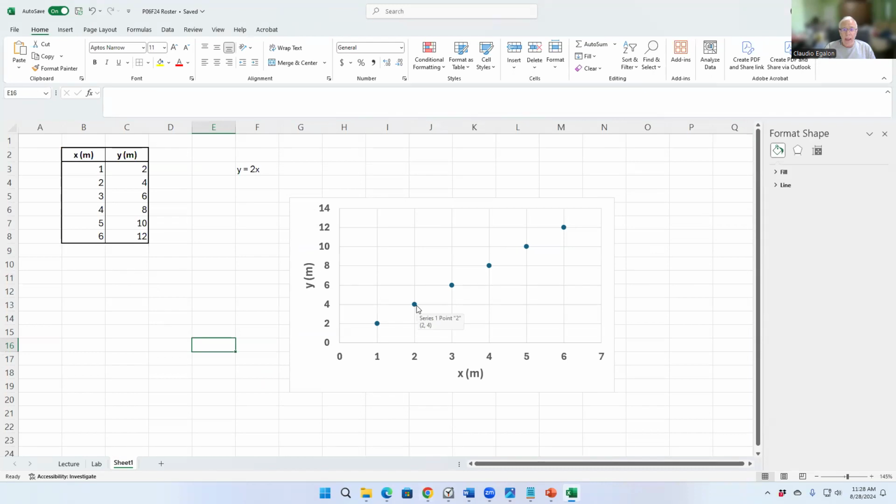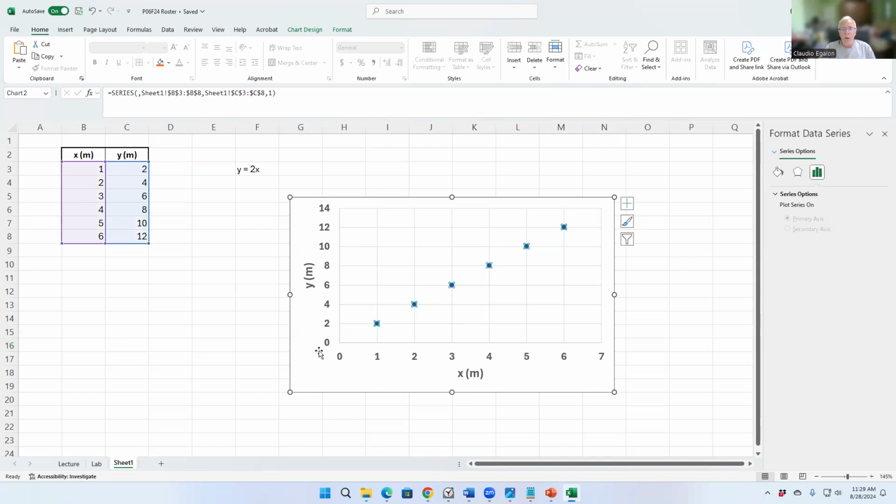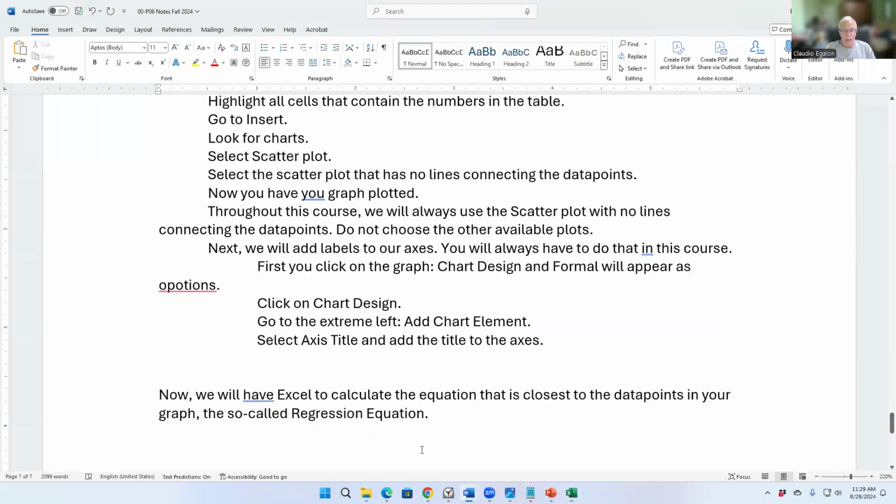First, by the way, this part is documented in my syllabus, okay? You select one of the data points. When you click in one of the data points, all the data points are highlighted, okay? Let's write it down. 1. Click one of the data points in the graph. 2.